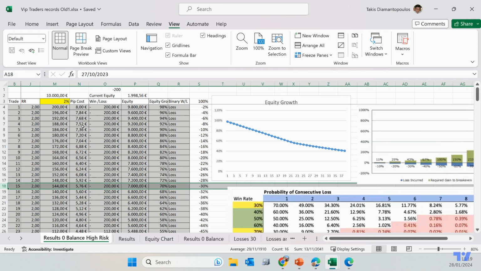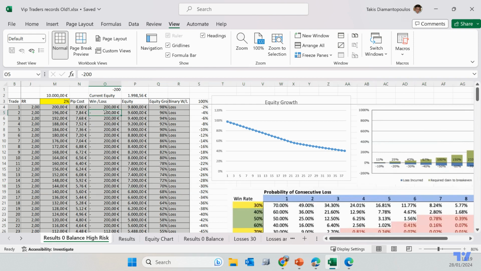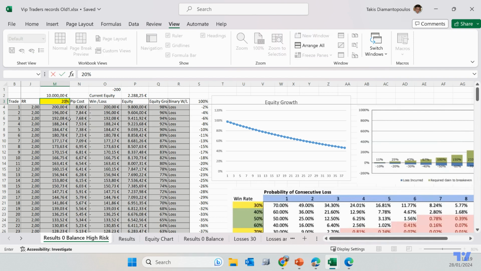Let's say that I want to be a smart guy, and I am a smart guy, and I want to trade much more than this 2%. This is too small for me, eh? Okay, so I will increase that. Let me get the equations back. All right, so I will increase that to 20%.